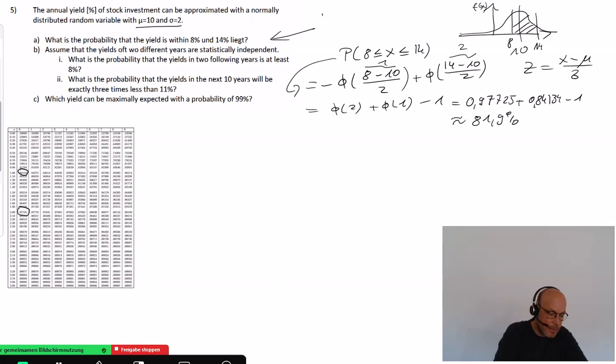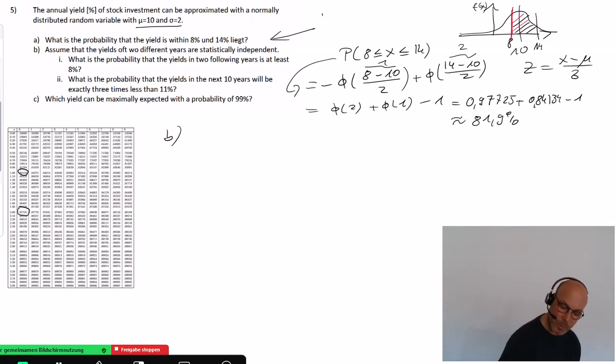So assume now we are investing over time and that the yields are statistically independent in every year. So what is the probability that the yields in 2 following years is at least 8%? Let's take this in red.